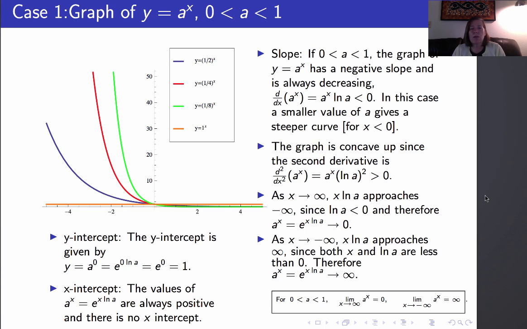So we get two new limits. The limit as x tends to infinity of a to the x when a is between 0 and 1 is 0, and the limit as x approaches negative infinity of a to the x when a is between 0 and 1 is infinity. And this is evident on the graphs I've shown on the left.